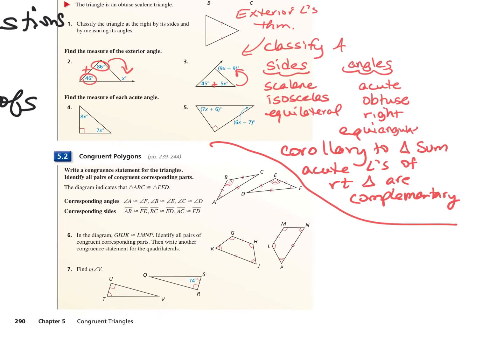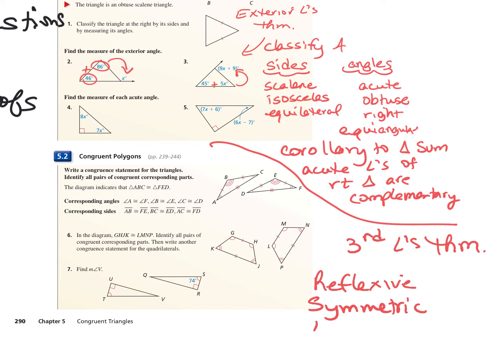Then in 5.2, this is where we learned the third angles theorem. And we also learned the properties, which we've seen over and over again. We learned reflexive, symmetric, and transitive. And these were all for triangles.